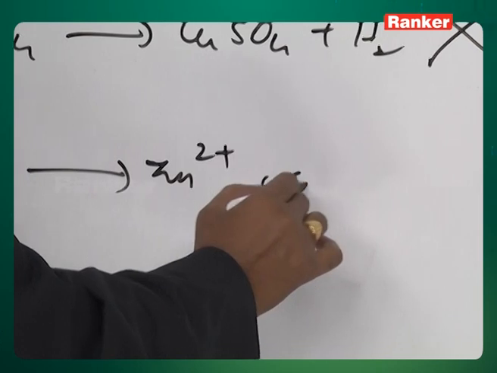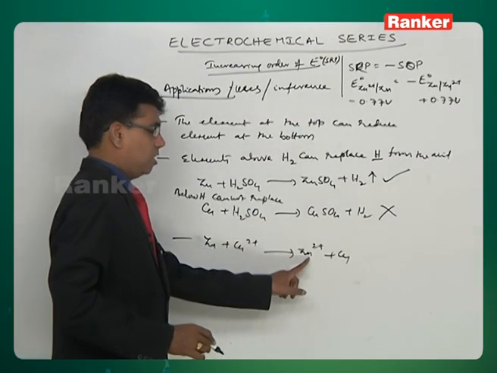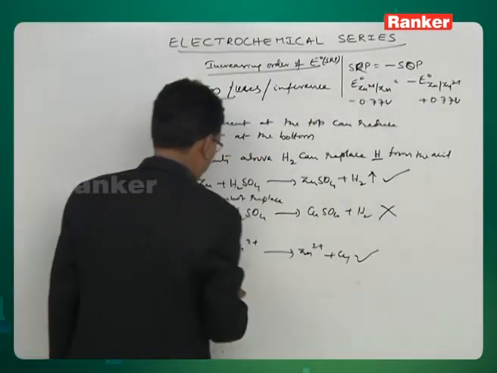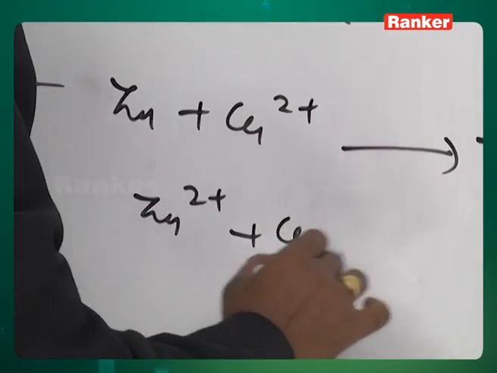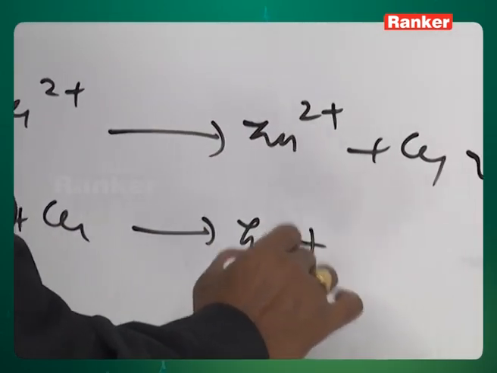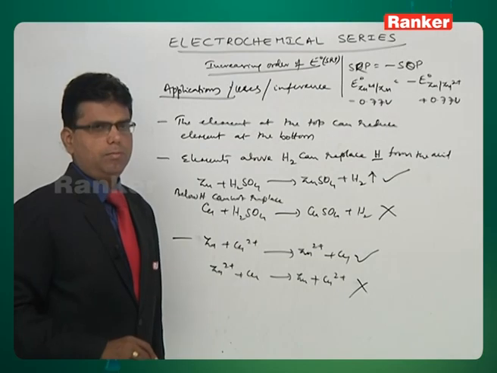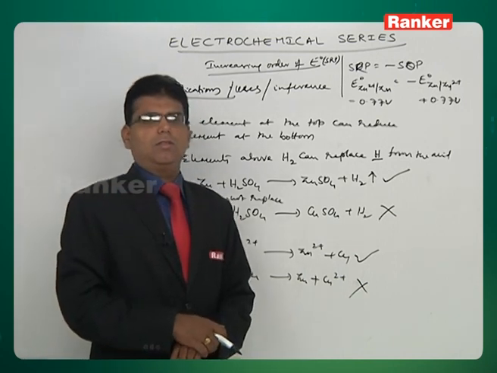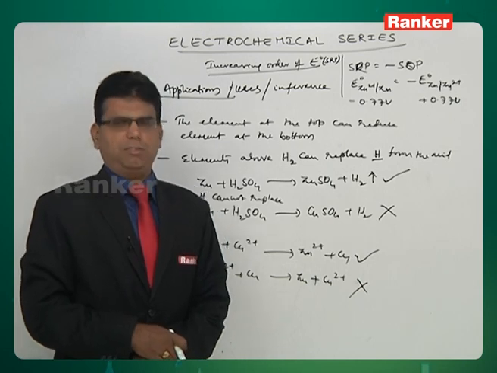The element at the top will undergo oxidation and reduce the ion to metal. But the other way around, Zn2 plus plus Cu to Zn plus Cu2 plus, is not possible. These are the two very important facts that we can understand from the electrochemical series.